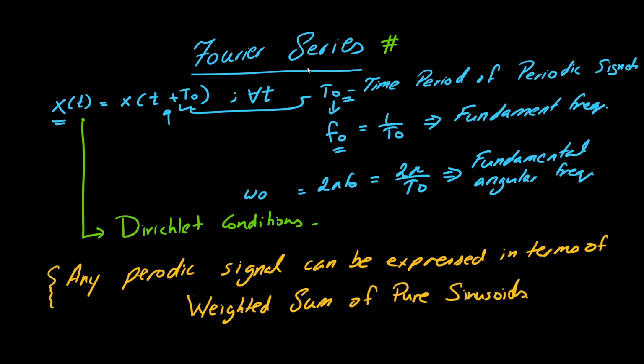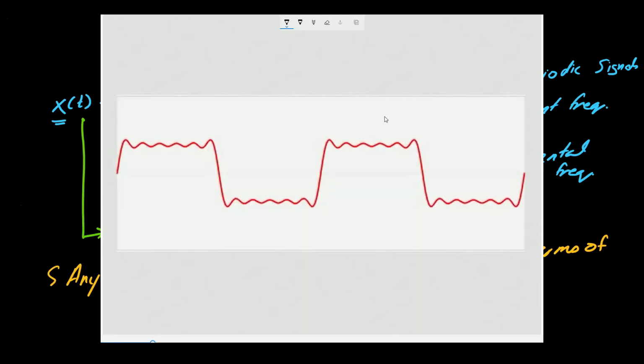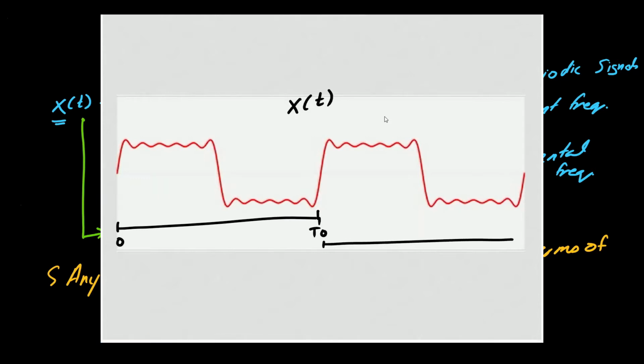So what does this expression mean? Let us look into some visuals. Now over here we have a signal x of t, which is periodic. So its t naught is until here. So this is our t naught from 0 to t naught, and after that it is repeating. So this is our time period.